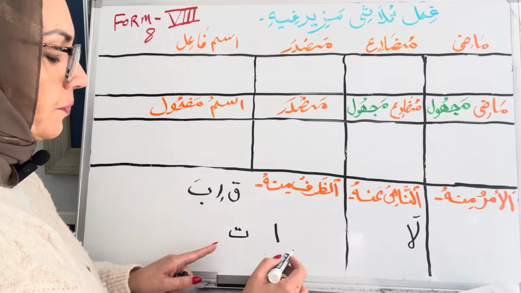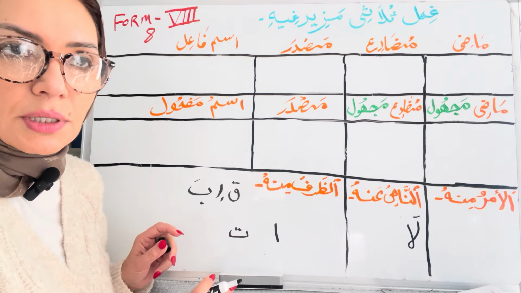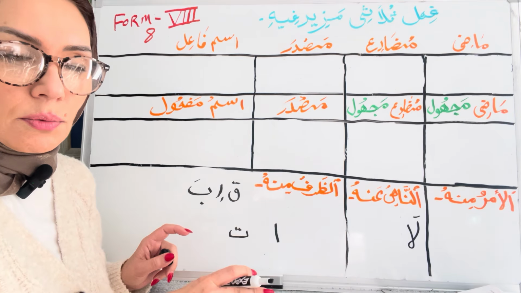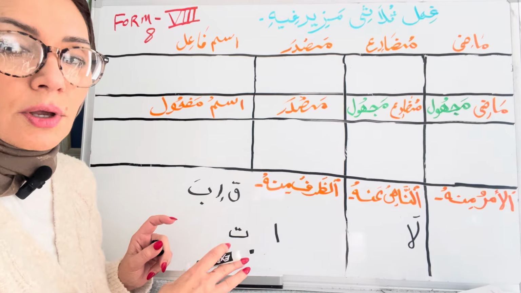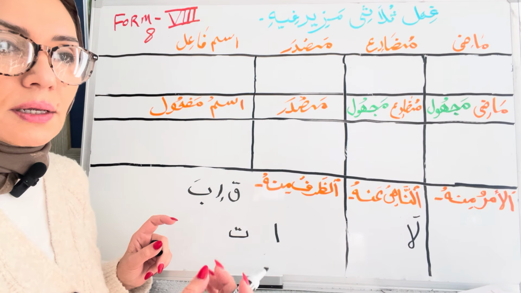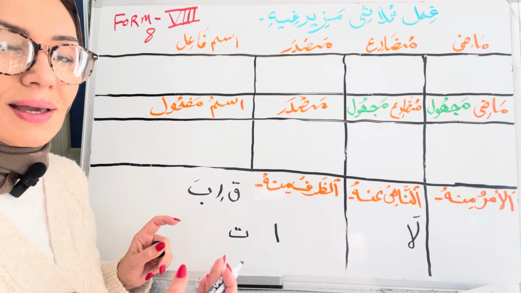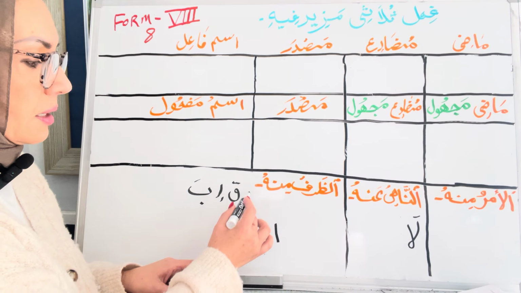But it's not coming in the beginning like we did in form 7, when it came in the beginning, but it wasn't alif ta, it was alif and noon. Like the basic root is qalaba, and then alif noon came, so now it becomes inqalaba. So here that alif and ta is not coming to the beginning.